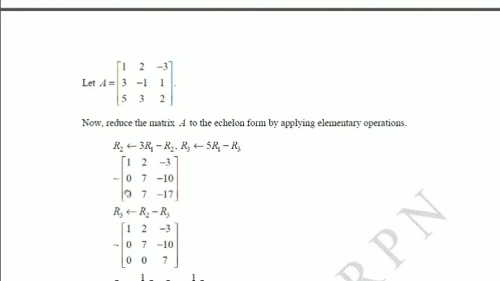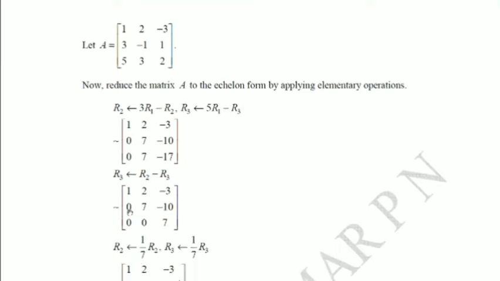So I'll change row 3 by row 2 minus row 3. First row remains the same, second row remains the same. Third row is changing by row 2 minus row 3. 0 minus 0, 0. 7 minus 7, 0. Minus 10, minus of minus 17, so that is plus 17. So minus 10 plus 17 gives you 7. Now we have made this entry 0.